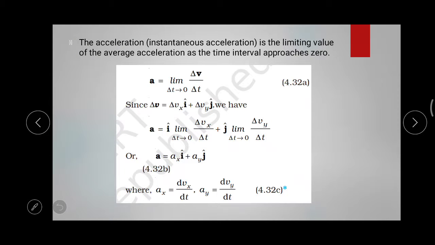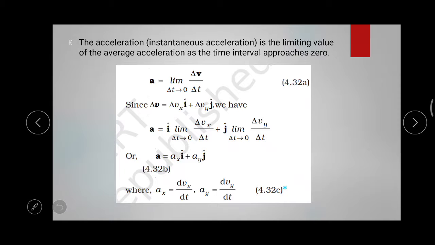See here, the instantaneous acceleration will be the limit as delta t tends to 0 of delta v by delta t. So the delta v we have to convert into the components vx and vy. So delta v will be equal to delta vx i cap plus delta vy j cap, and as we have done in the last case, the i and j will be taken outside.